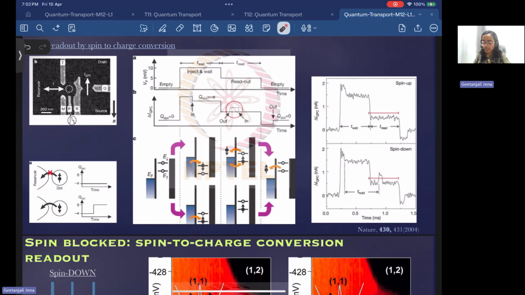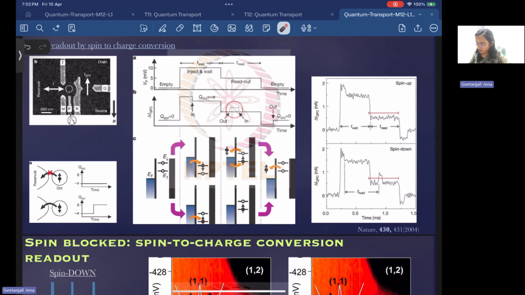We apply the voltage such that both these levels are pulled down below the Fermi level. Okay, so for this case, what will happen? Because we are increasing the voltage V, it's possible to see a tunneling event.